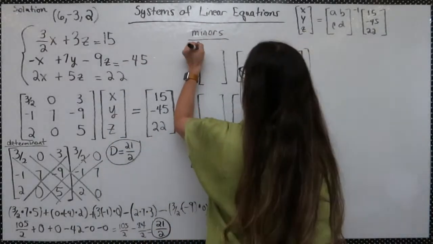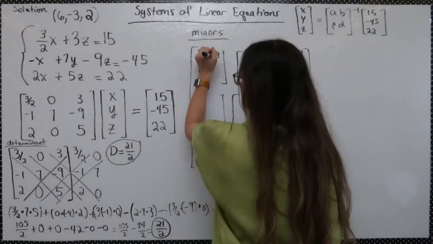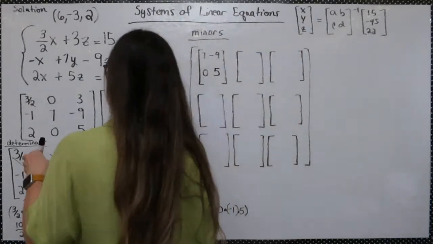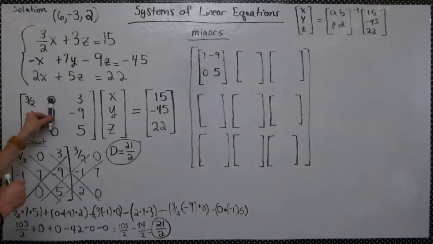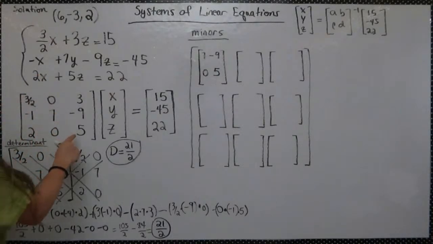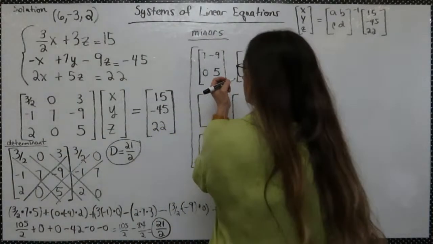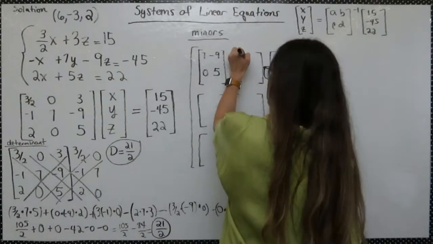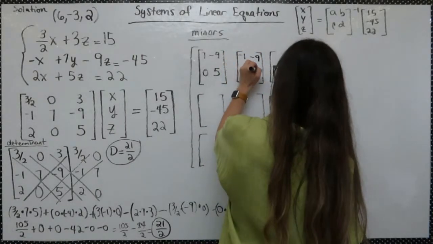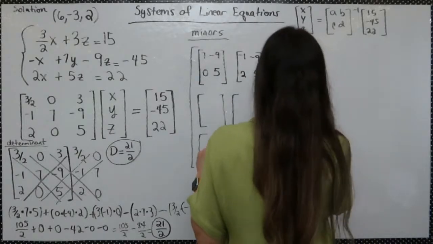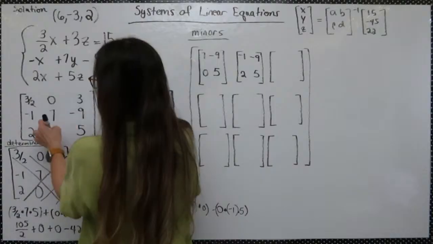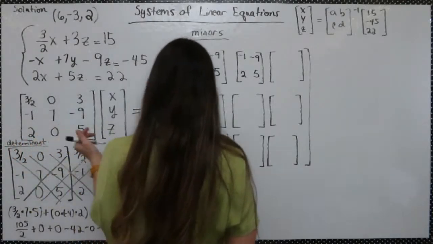So 7, negative 9, 0, 5. And this one is negative 1, negative 9, 2, and 5. And this one is going to be negative 1, 7, 2, and 0.